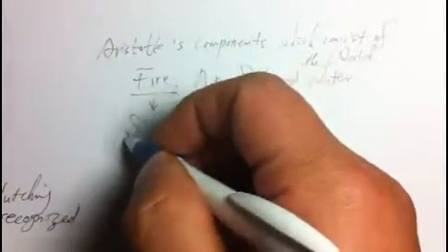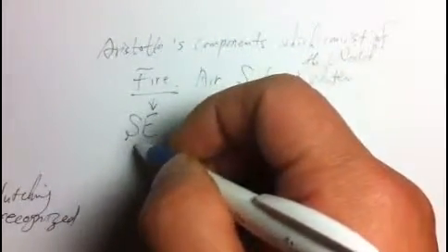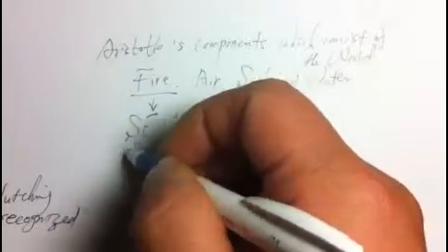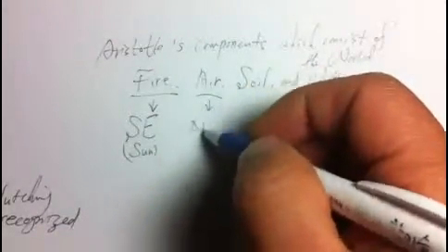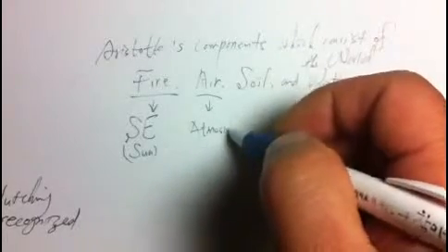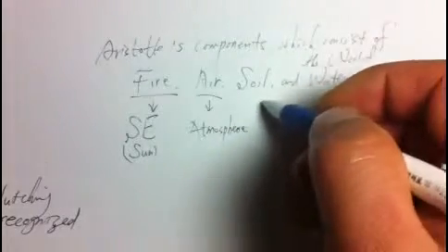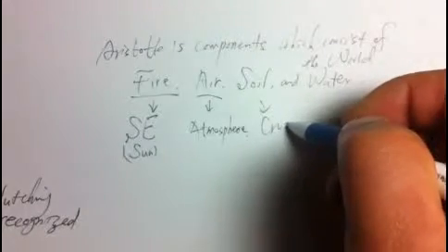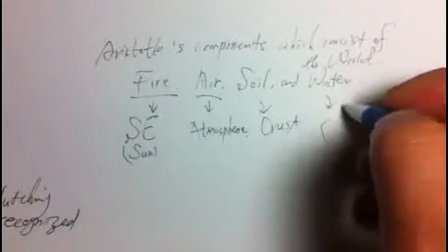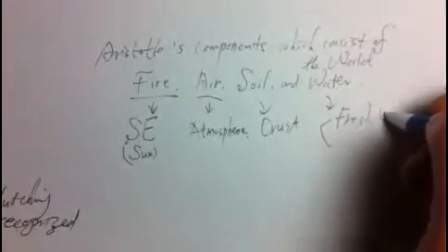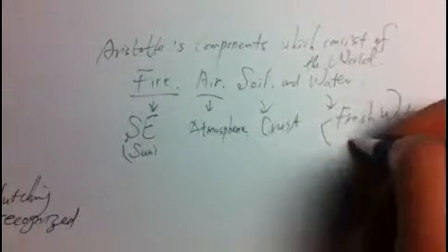Here, fire is the solar energy, the sun itself, air is the atmosphere, soil is the crust, and water is fresh water and salt water.